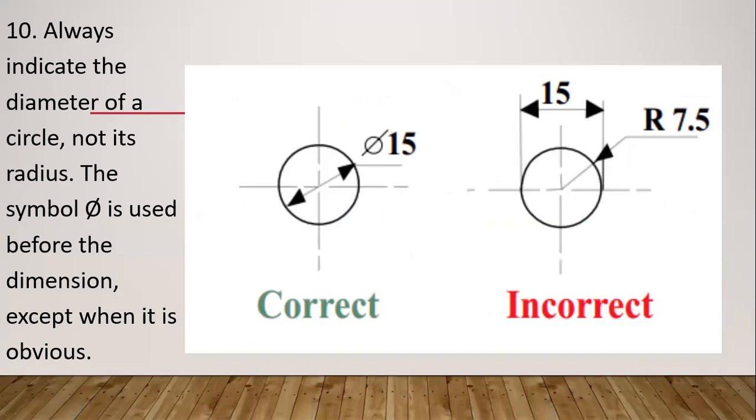Also, we want to always indicate the diameter of a circle, not its radius. The symbol phi is used before the dimension, except when it is obvious. We use radii when we are describing arcs, but when we are describing holes or circles, we use diameters, and the symbol is phi.